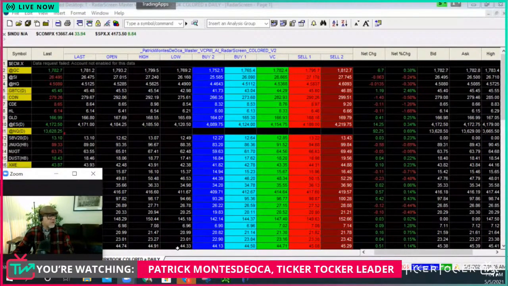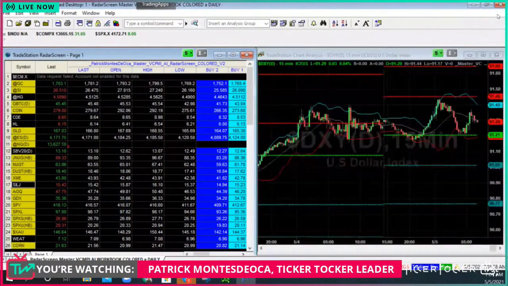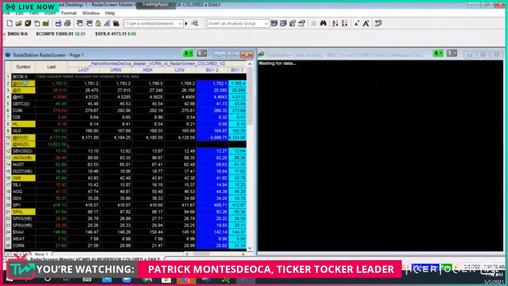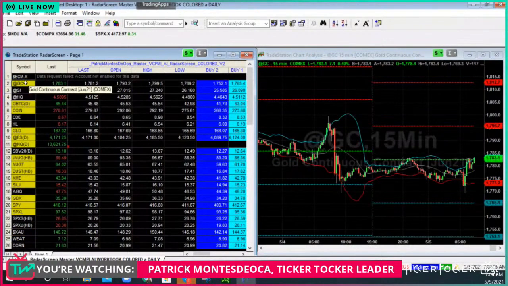And we have kind of a mixed picture for the time being. We have a bullish trend momentum unfolding here in the gold market. So I want to jump right into the market and let's take a look.